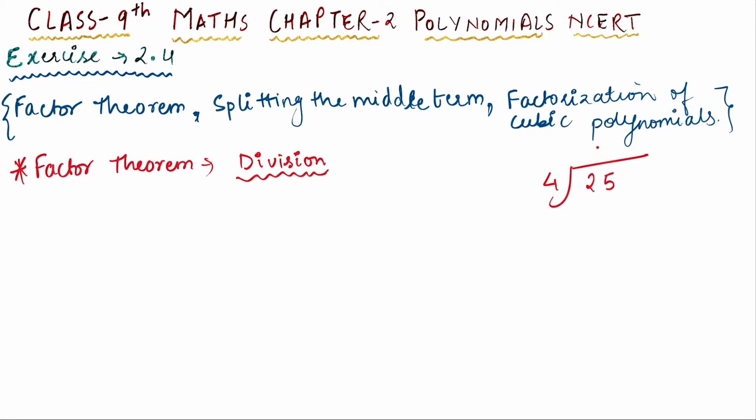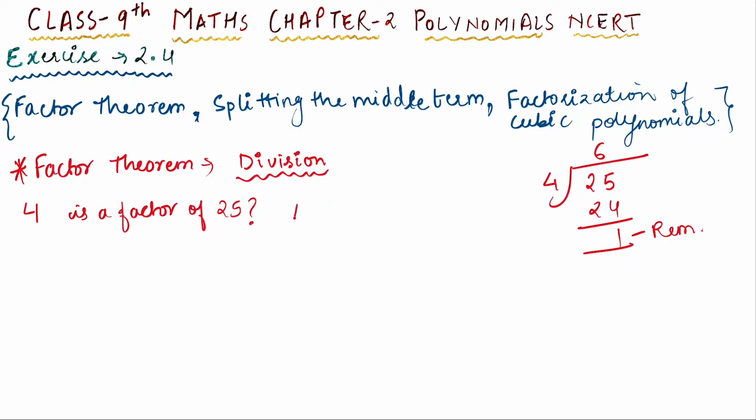What will we do? We will select 6 because 4 times 6 is 24 and it will give us remainder as 1. Right? Now, everybody, can you tell me that will I say 4 is a factor of 25? Of course not. But why did we say that 4 is not a factor of 25?